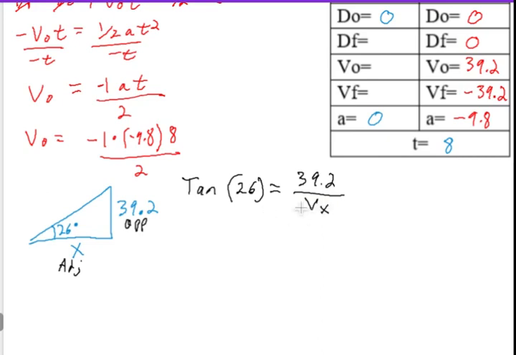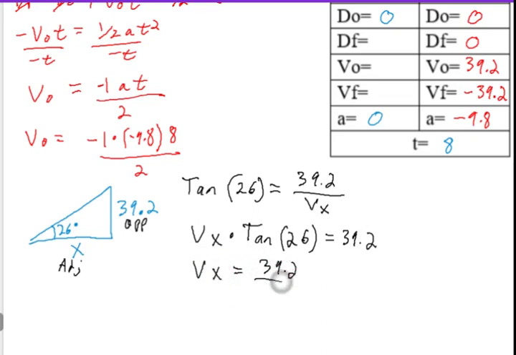Got to get that by itself, so I'm going to multiply Vx over. So I get Vx times tan 26 is equal to 39.2. Well, Vx isn't by itself. I need to divide by tan now. So Vx is equal to 39.2 divided by tangent 26.